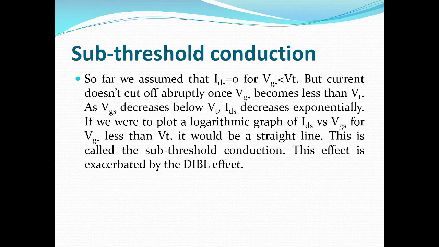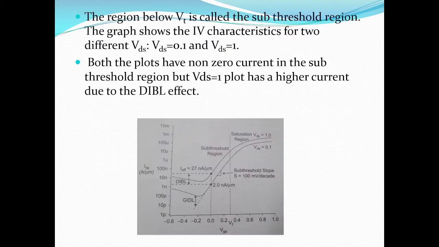If we were to plot a logarithmic plot of IDS versus VGS for VGS less than VT, it would be a straight line. This effect is called the sub-threshold conduction, and it is exacerbated by the DIBL effect. So IDS is not suddenly 0, it is exponentially decreasing.